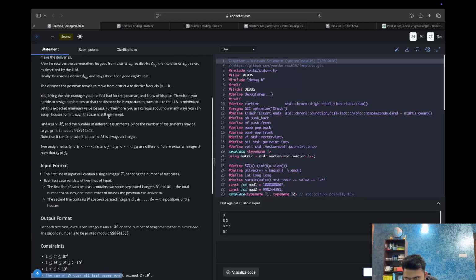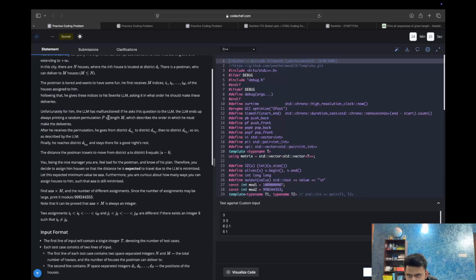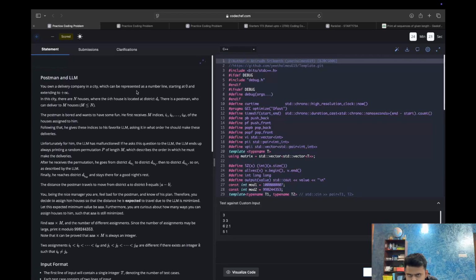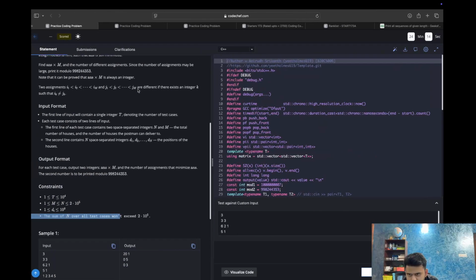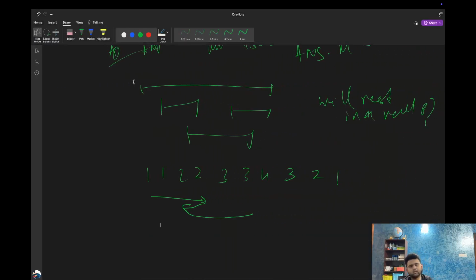Are the house numbers in increasing order? Even if not, I can sort it so that it is in increasing order.